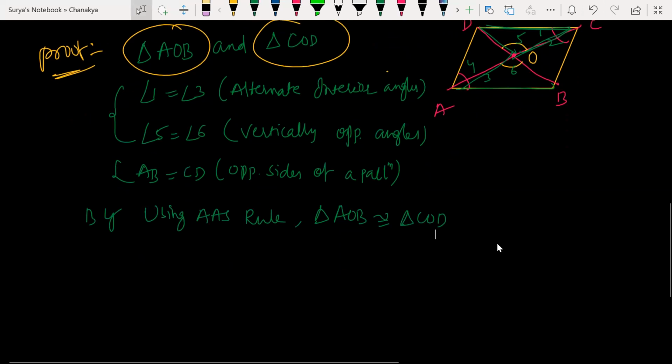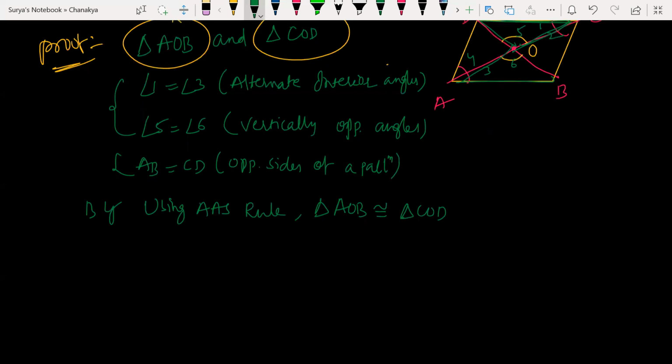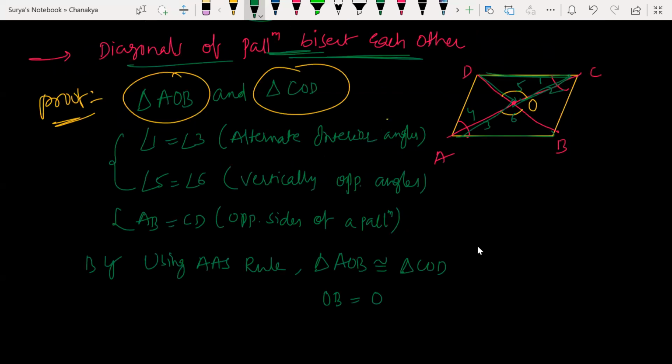Okay, so now look at this here. Since that is the case, can you write now from those two triangles that OB is equal to OD and OA is equal to OC?